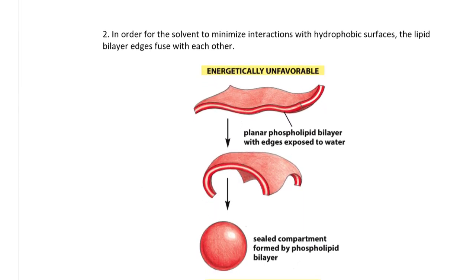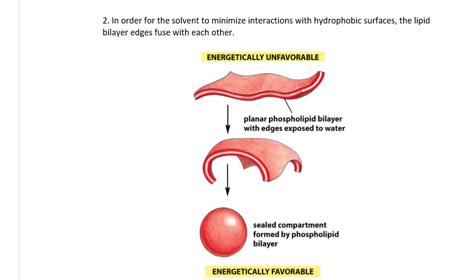Well, once you have the bilayer, those exposed edges fold on each other to create a sphere, being shown here. Now, none of the hydrophobic surfaces are exposed to solution, so the aqueous solution has minimized its interaction with the fatty acid tails, with the hydrophobic surfaces, to zero.